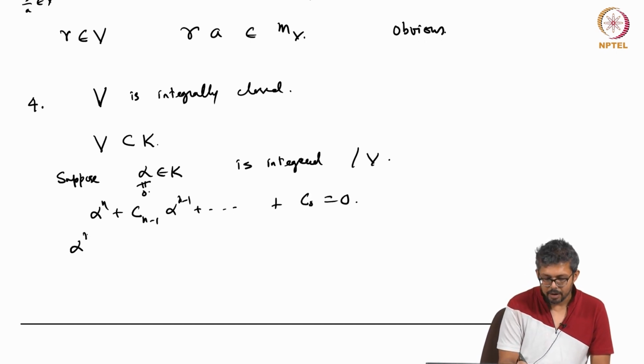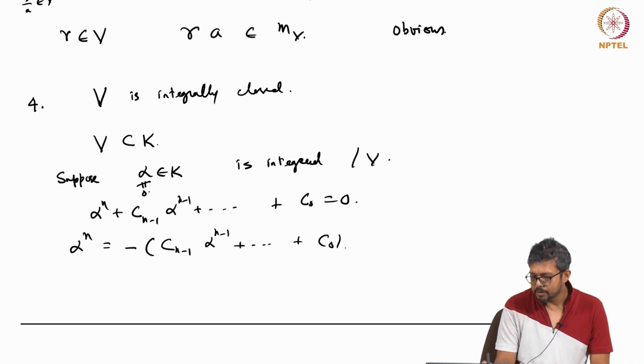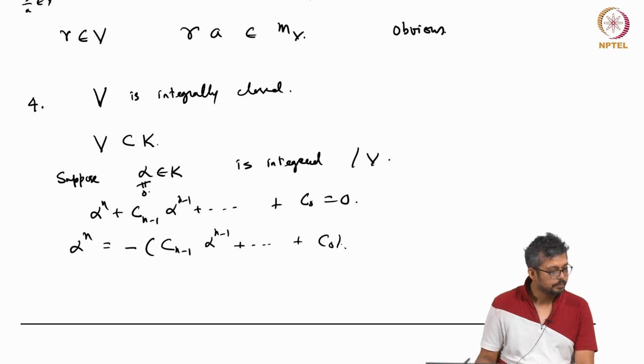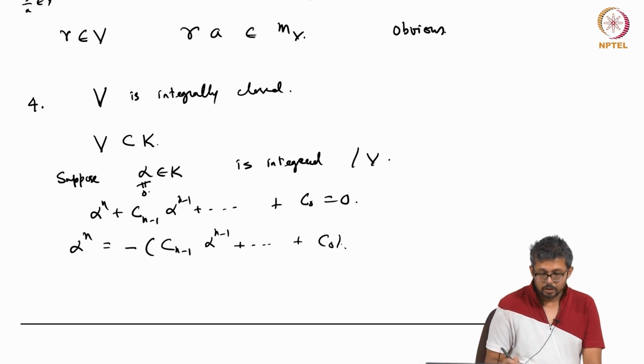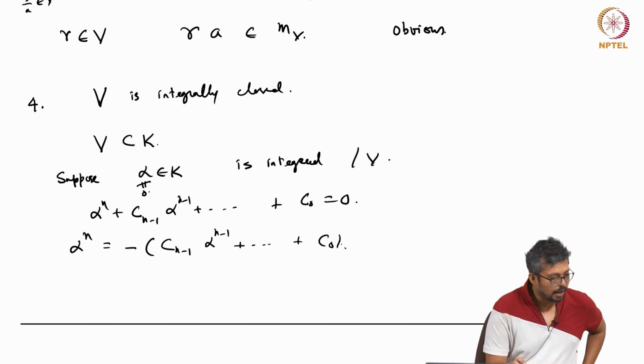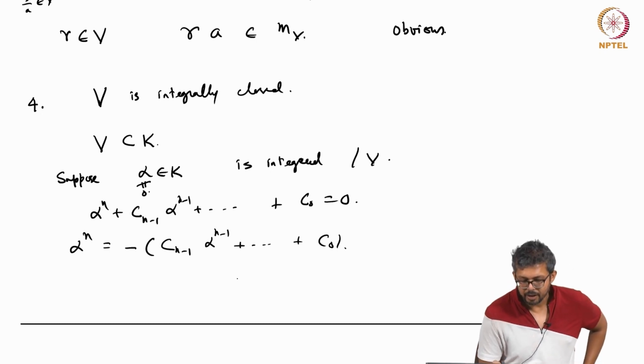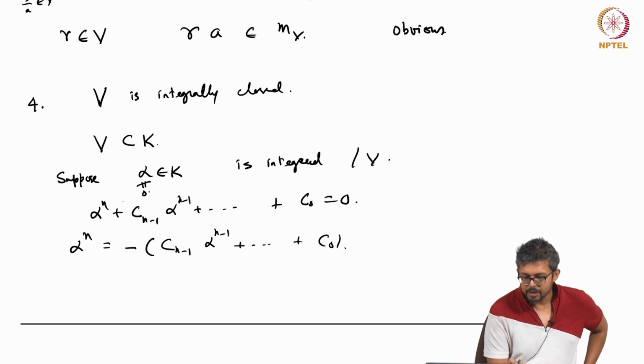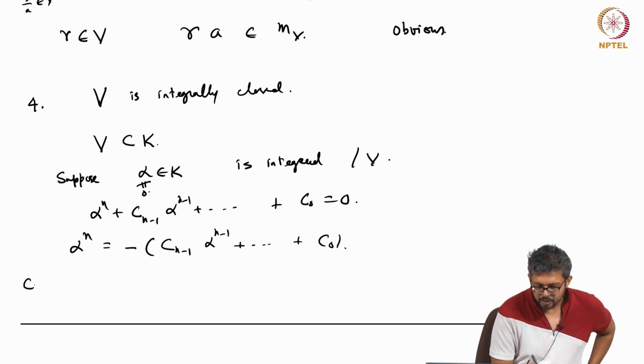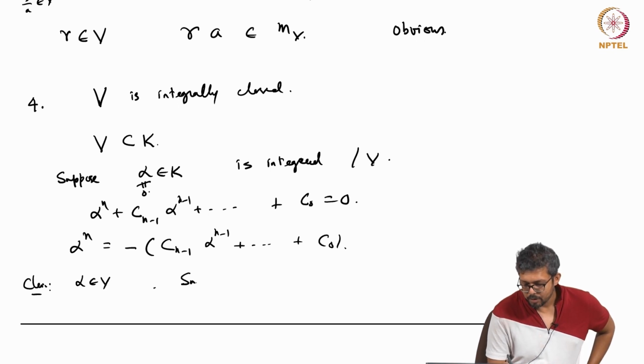Then alpha power n you can write as minus C n minus 1 alpha power n minus 1 minus ... minus C naught. The claim is that alpha belongs to V. Suppose not.